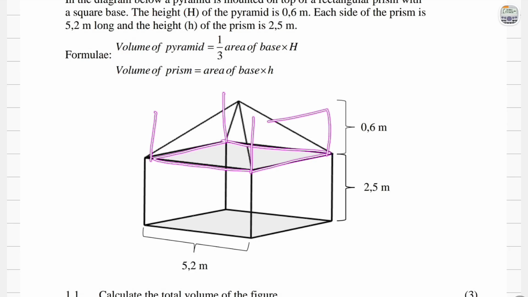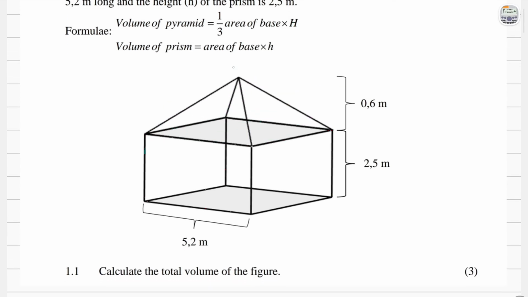And then once you finally say times 1 over 3, because the pyramid is only 1 over 3 of this entire volume that is highlighted, then you get the volume of the pyramid. And then the volume of the prism, okay, area of the base times height, very simple. Just like the way that worked, just without the 1 over 3, because this is an actual prism.